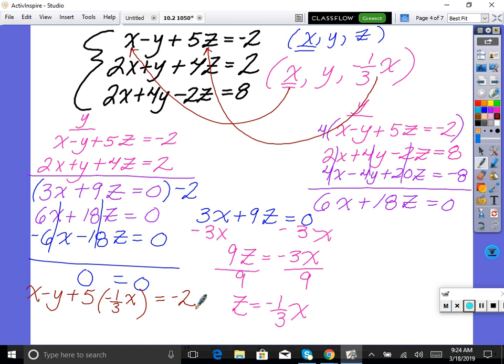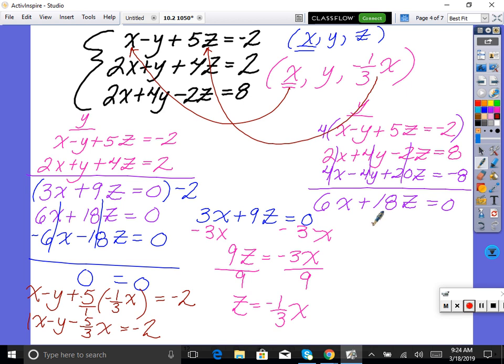So now from here, guys, I'm going to start simplifying this. Everybody look, we multiply fractions straight across. So I have x minus y, and I have minus 5/3 x. Does everybody see how I'm getting that? Equals negative 2. Now look, how do I combine 1x minus 5/3 x? Isn't it just 1 minus 5/3? They're like terms.